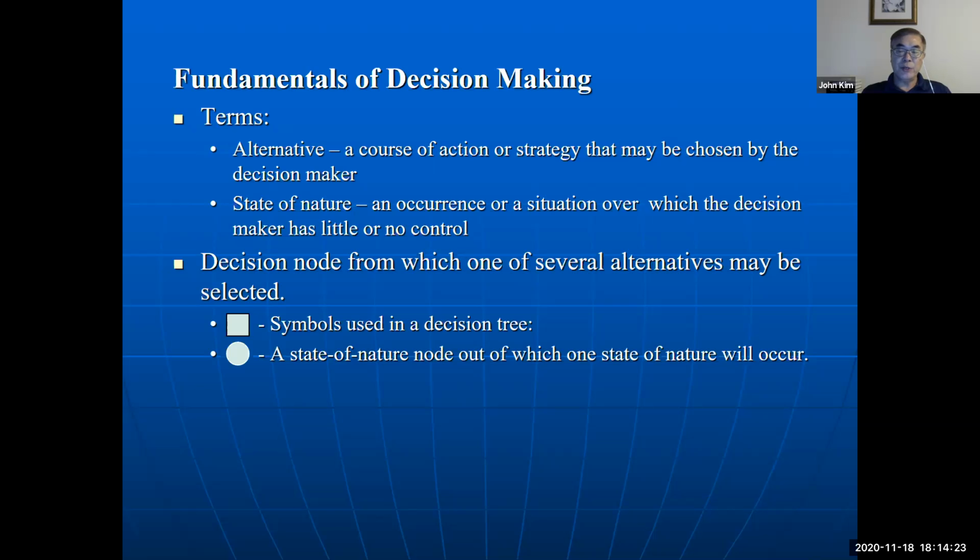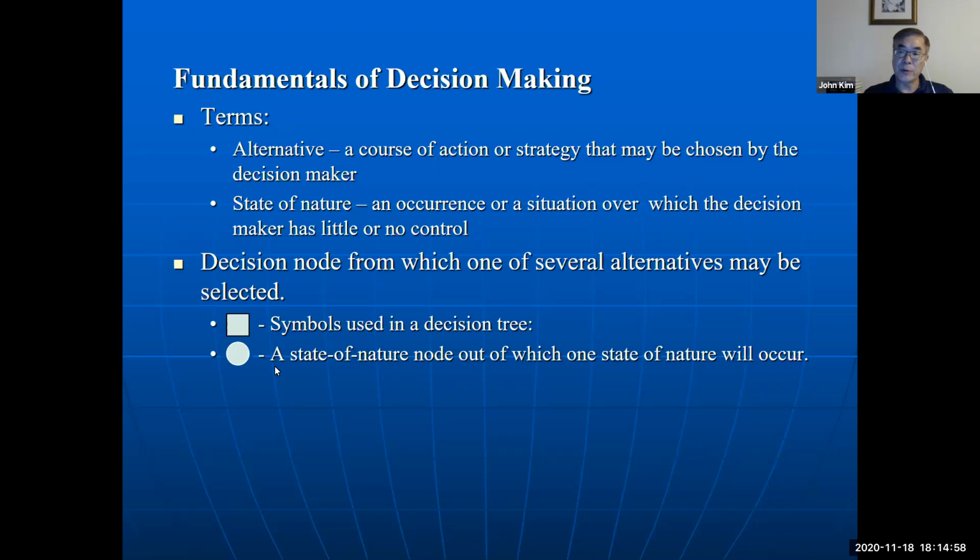When we develop a decision tree, we use symbols, like a square symbol in a decision tree. We call this a decision point or decision making node. And then the circle type is the state of nature node, which has other names in other textbooks.